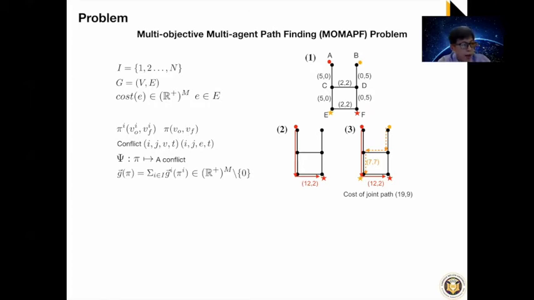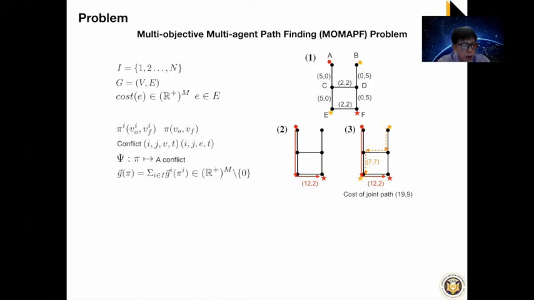For a node conflict, (i, j, v, t), it means that agents i and j are located at node v at the same time t, and therefore there is a collision. For an edge conflict, (i, j, e, t), it means that agents i and j are trying to go through the same edge from opposite directions at the same time t. And in this work, we use a conflict checking function to denote a conflict check over some joint path.